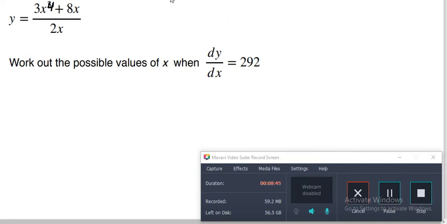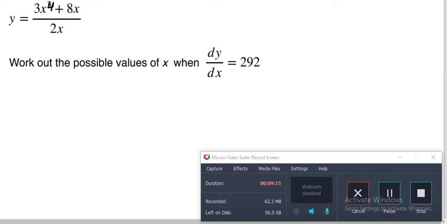Next question. y equals (3x^4 + 8x) over 2x. As you can see here, he said work out the possible values of x when dy/dx equals 292. In the last questions, he gives the value of x and we want to find the value of dy/dx.